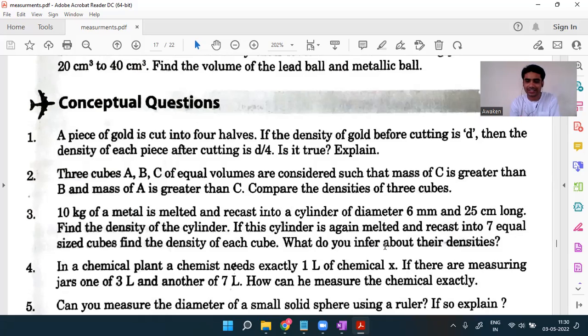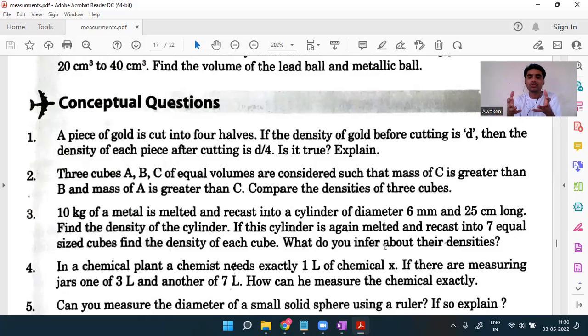You melt this cylinder, make it into liquid. Say you have a utensil filled with that molten liquid, which you have got by melting that particular cylinder.